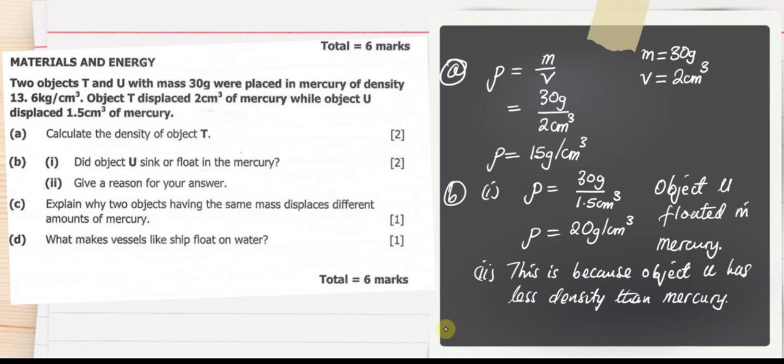Then we'll come to C. C is saying explain why two objects having the same mass displace different amounts of volume. You can have objects having the same mass but they are displacing different amounts of mercury. Like here, they have the same mass, they've told us, but this one displaced 2 cubic centimeters, this one displaced 1.5 cubic centimeters.